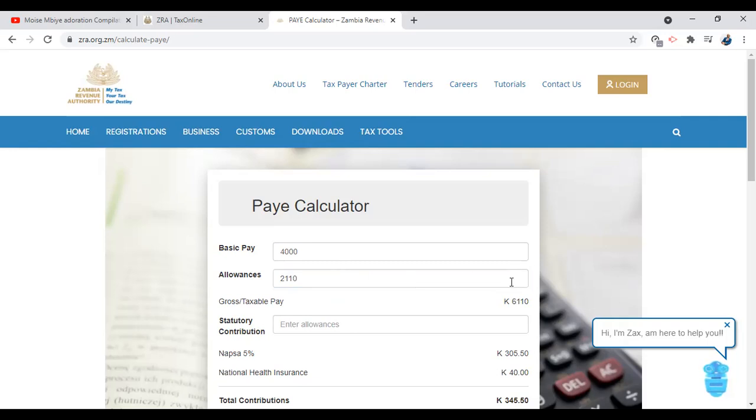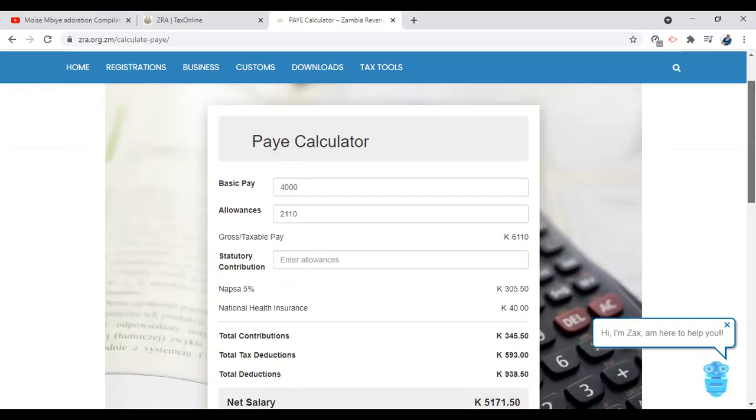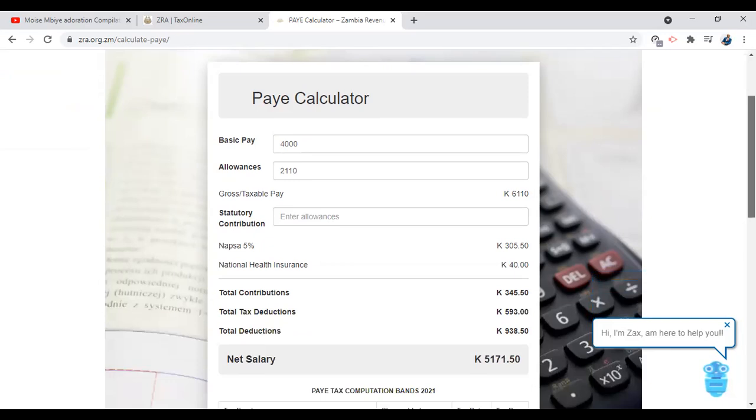And then it is able to calculate, just click anywhere. You are able to get the salary, what somebody should go home with, and the tax component. So our interest is on total tax deductions.